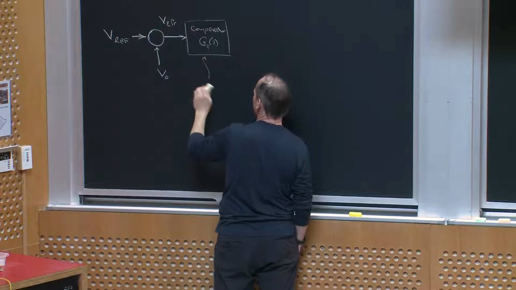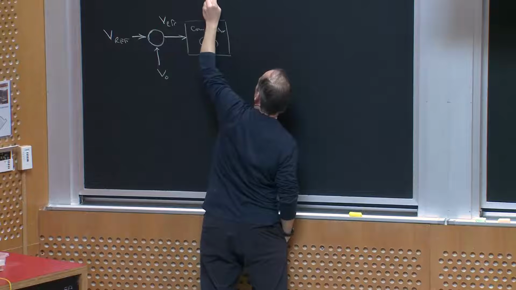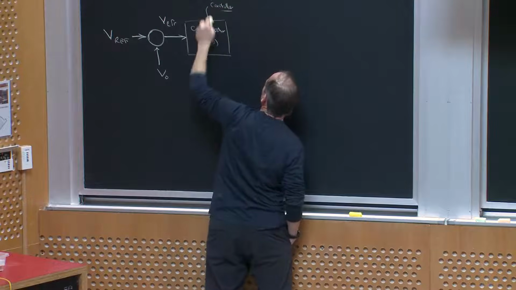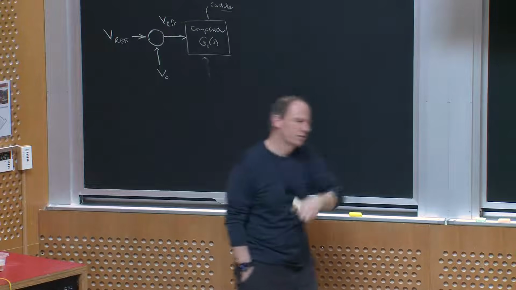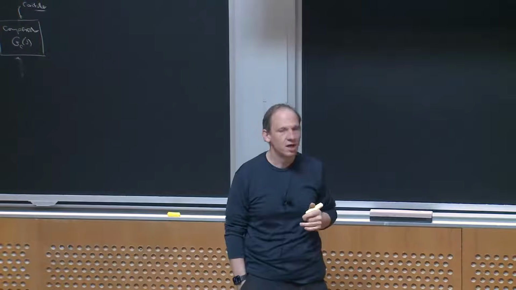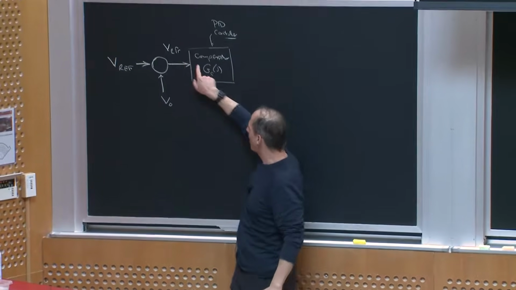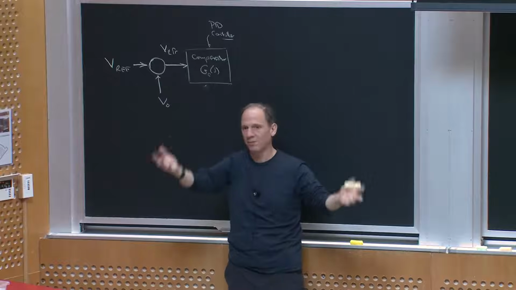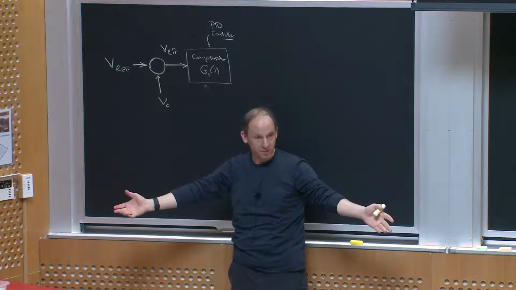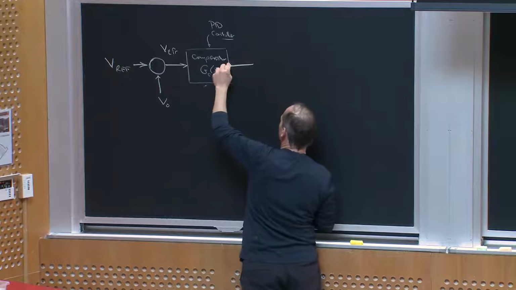This might be, for example, a PID controller or something fancier. Depends on the topology, right? This is where having a control class helps, but you might think what this does is if I have error, I amplify that error by some amount, either proportionally or look at the integral of the error or something like that, and generate an output, which I'm going to call VD.